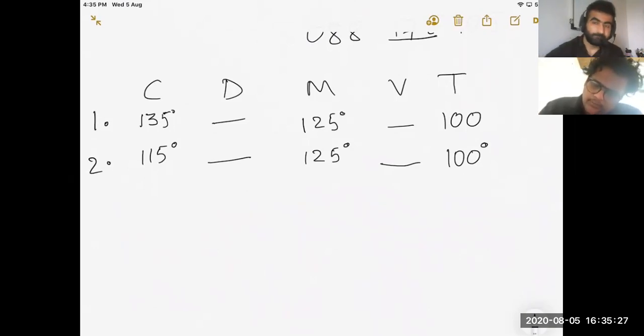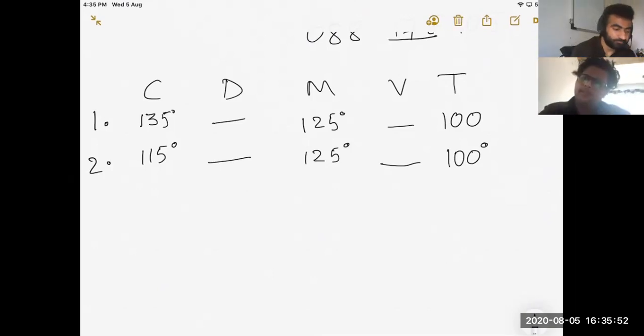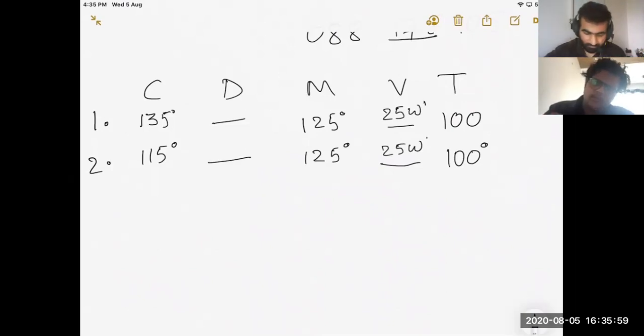So variation is 25 degrees. In both cases the variation will be 25 degrees west, because west is west. Very good. Carry on.